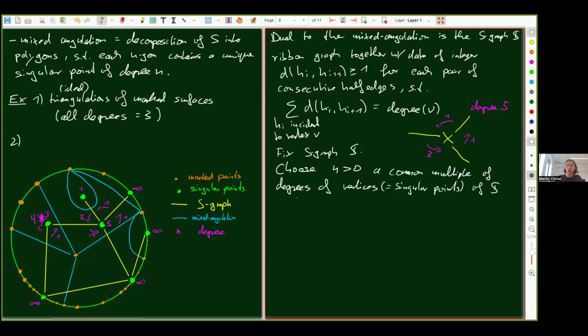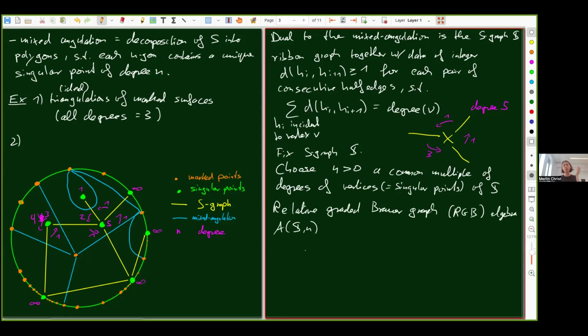Okay, and then the relative graded Brauer graph algebra, and we shorten this to RGB algebra. We denote this by A_S^n.